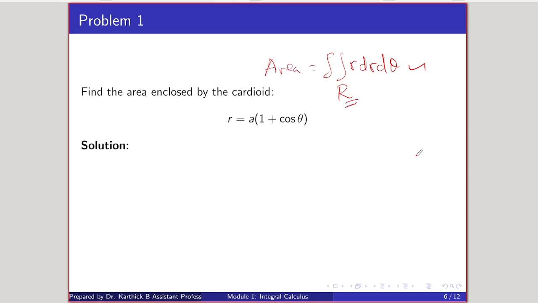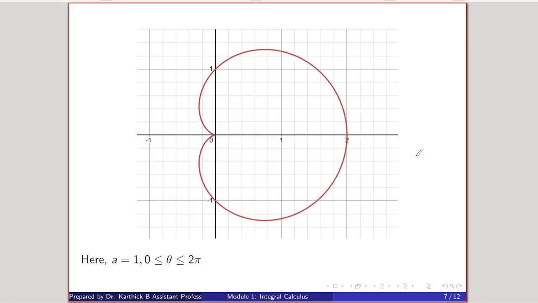So how do we decide the region? This will be the graph, because they have given r equal to a into 1 plus cos theta, so it will open on the rightwards. Here it will be 2a. If it is a here, it will be 2a there. Just see that the x-axis equally splits the area of the cardioid.